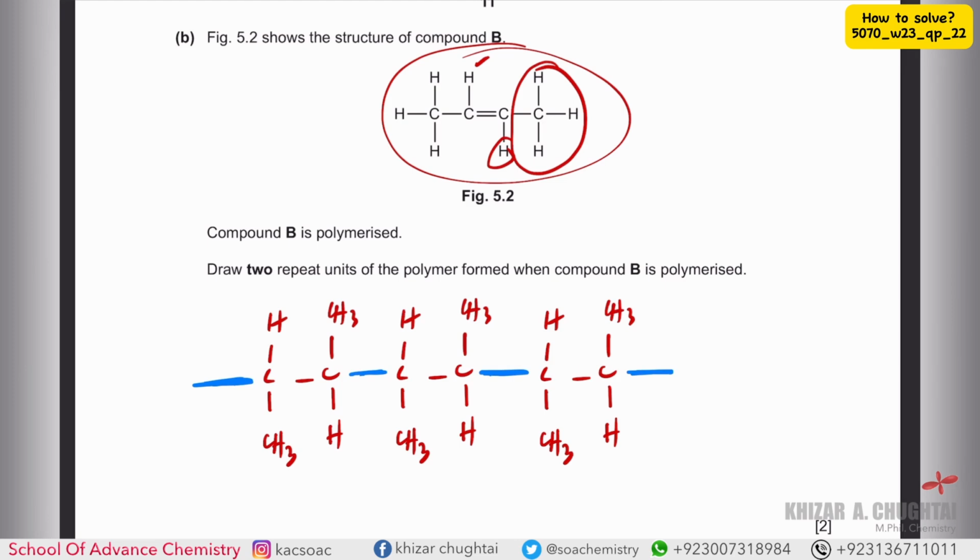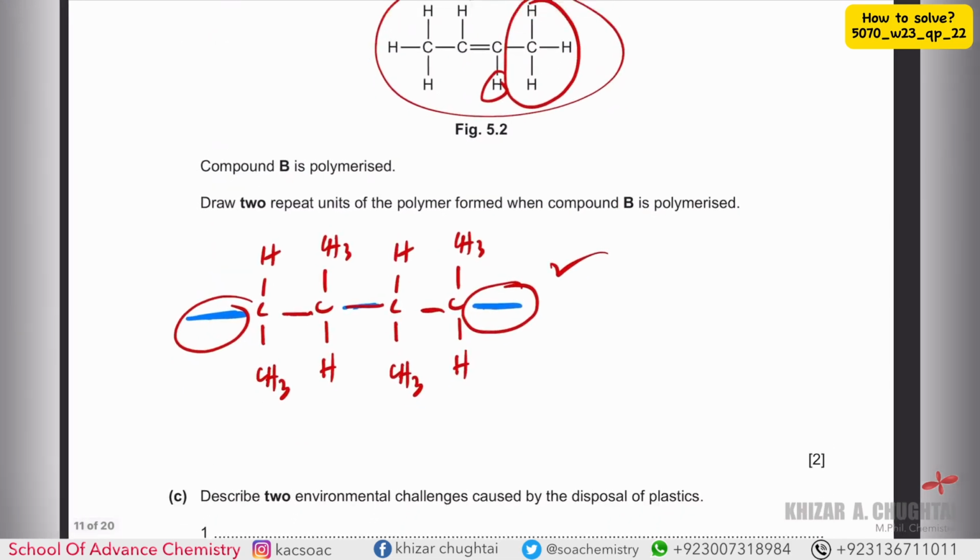He is asking just to write two repeating units, so I'm removing the third one. This is two repeating units, and it is essential to show these lines as well, the continuous backbone chain of carbon atoms. So this is the structure of the polymer for compound B.